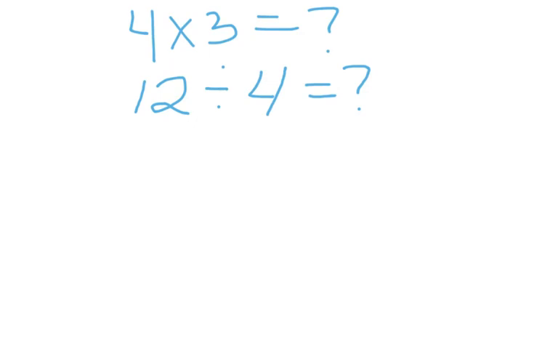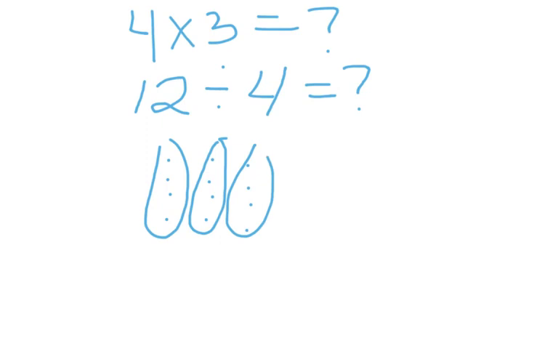So if we have 12 total and we want to put 4 in a group, 1, 2, 3, 4, 1, 2, 3, 4, 1, 2, 3, 4, what you will see is we were able to make 3 groups. So that's no longer a question mark. We know that 12 put into even groups of 4 is going to give us 3 even groups.